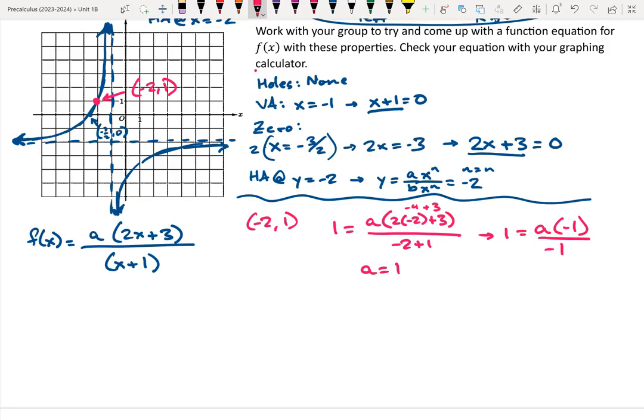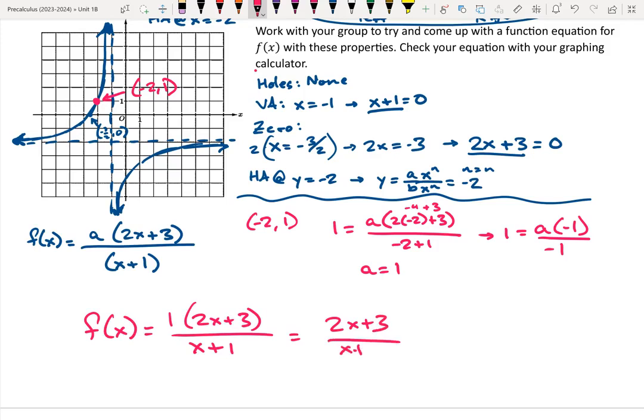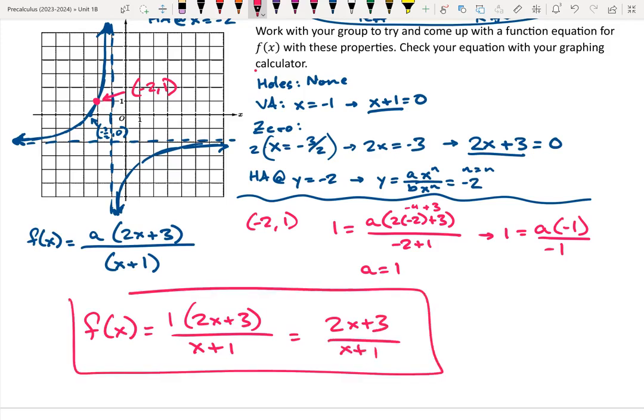Well, that's not too bad. So our function would then be 1 times (2x plus 3) over (x plus 1), or just (2x plus 3) over (x plus 1). Again, we can check that with the graphing calculator, but that should definitely hold true.